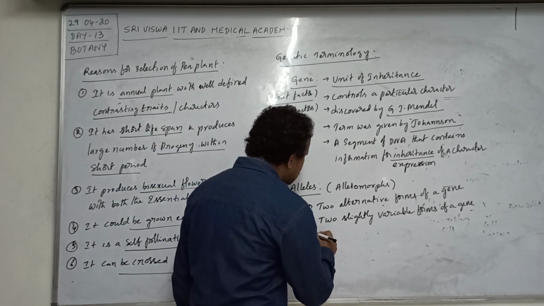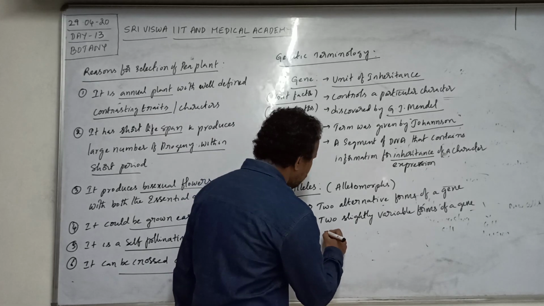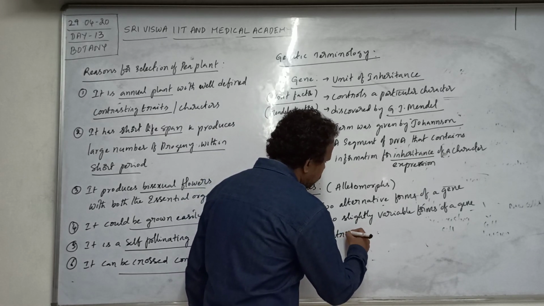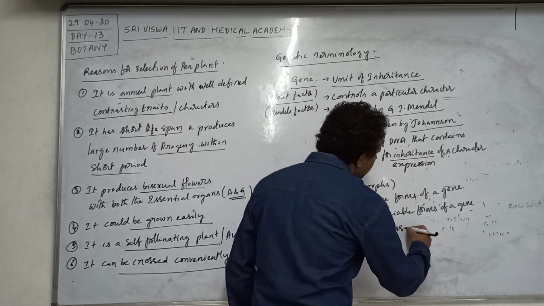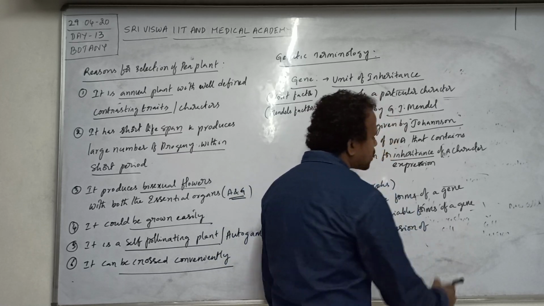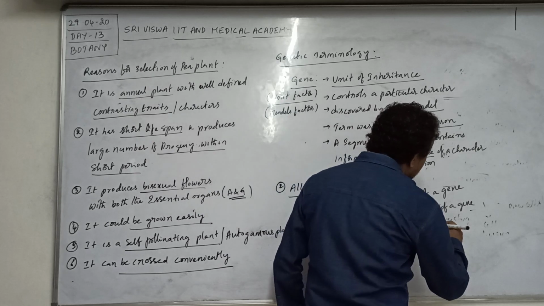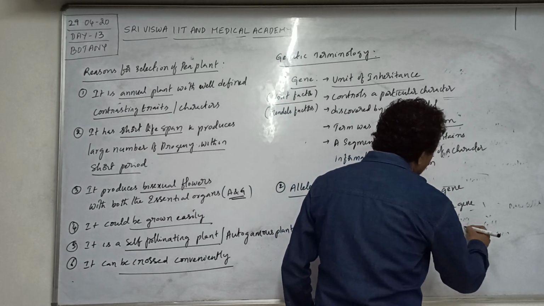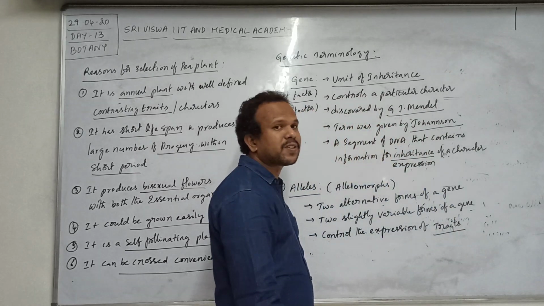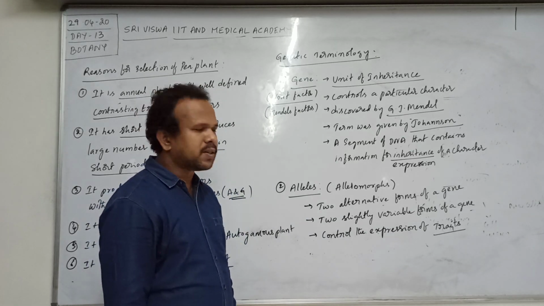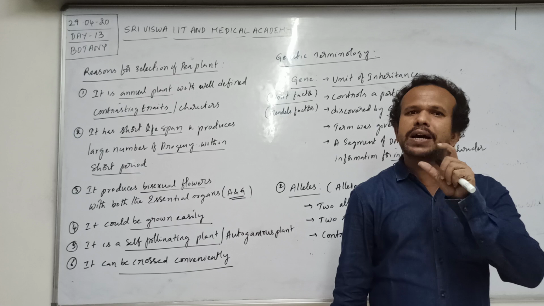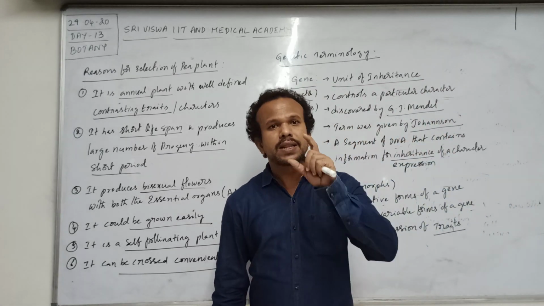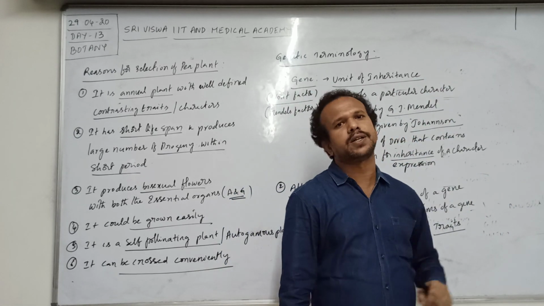Generally, these alleles or allelomorphs control the expression of traits. For example, consider length of the stem as a character. The length of the stem is controlled by a gene.